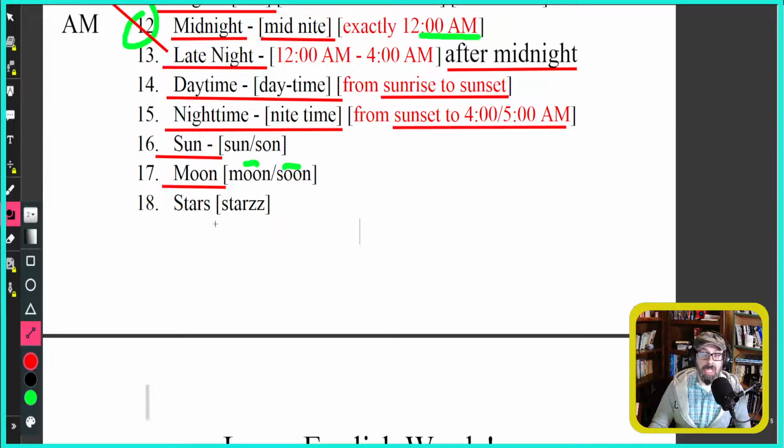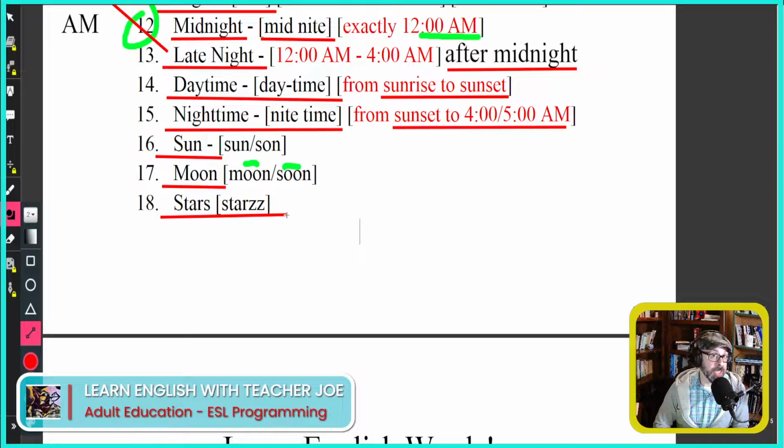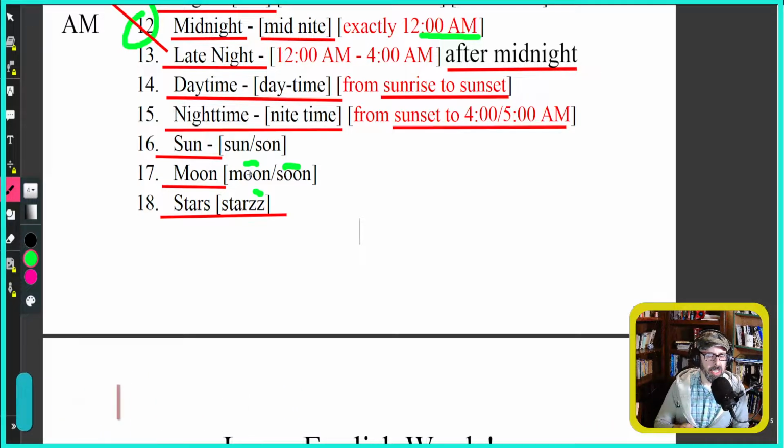Okay, and the last one is number 18. 18, stars. Okay, so with number 18 at the end, we hear this Z sound, stars.